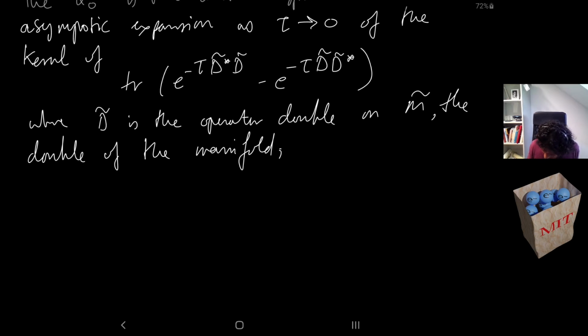So now this defines these things, where this is the double, and now what is the eta of A of S?